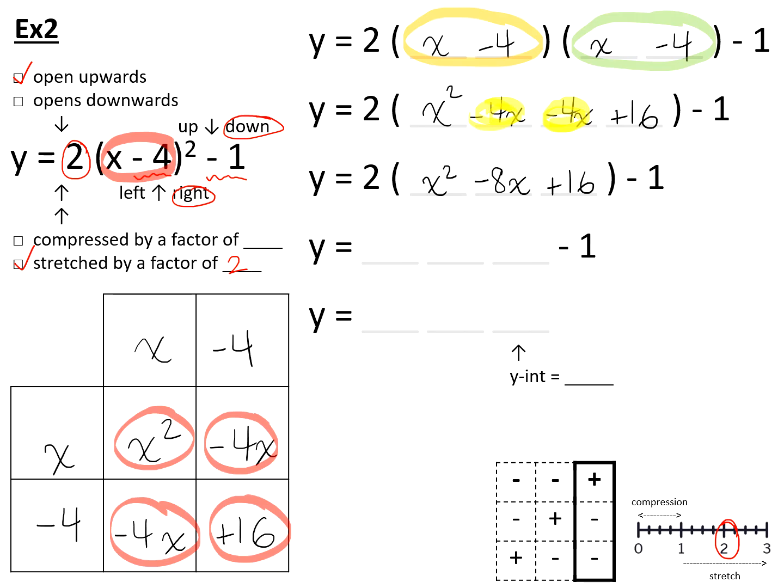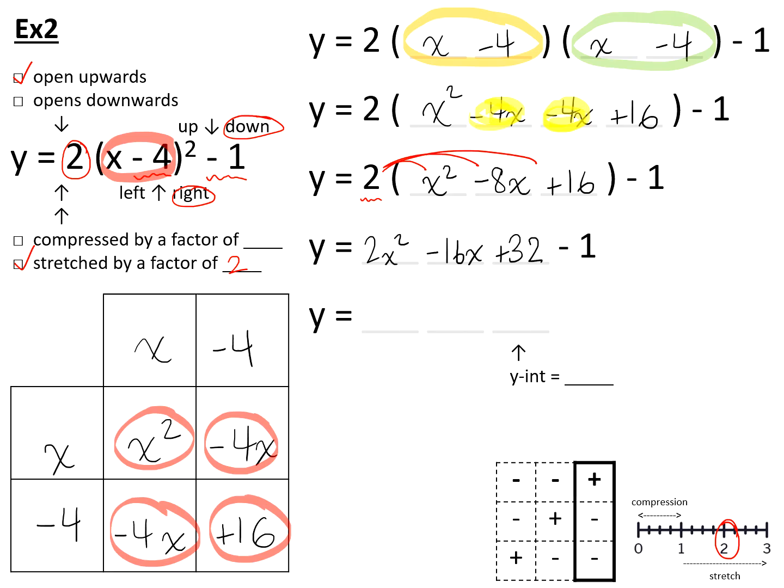Since there's a value of positive 2 in front of the brackets, that means we're going to have to use the distributive property, and everything in the brackets is going to get multiplied by positive 2. 2 times x squared is 2x squared. 2 times -8x is -16x, and 2 times positive 16 is positive 32.